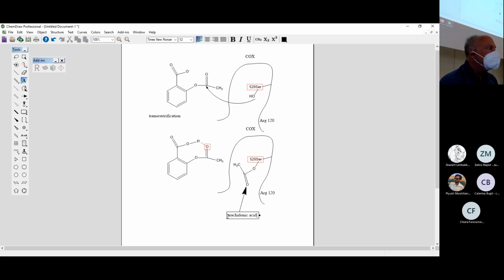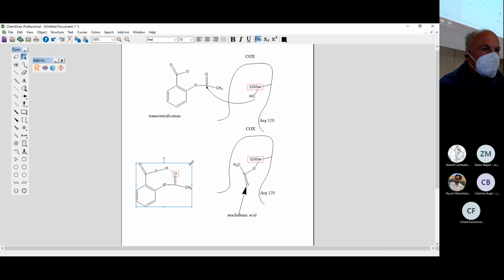We have a physical barrier. This behavior of acetylsalicylic acid, this intramolecular catalysis, is responsible for the low stability of this compound in solution.